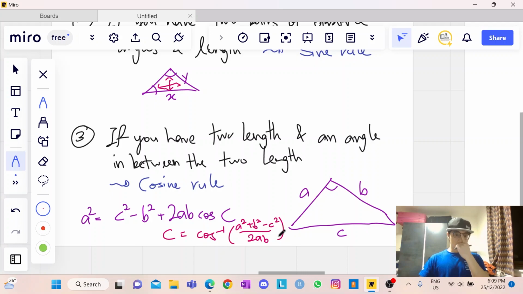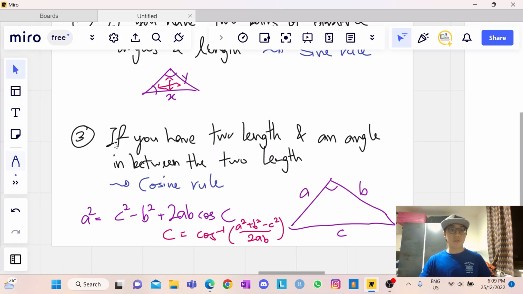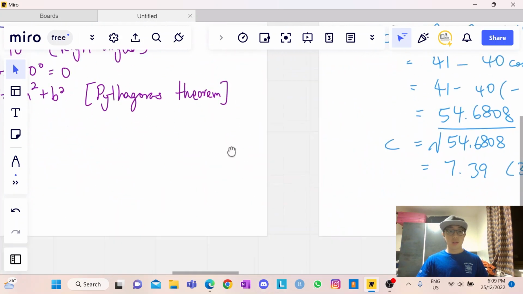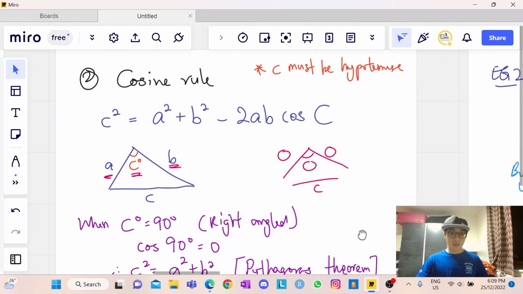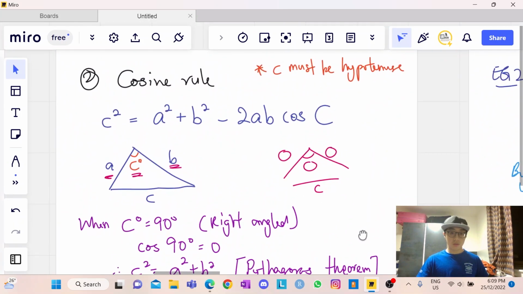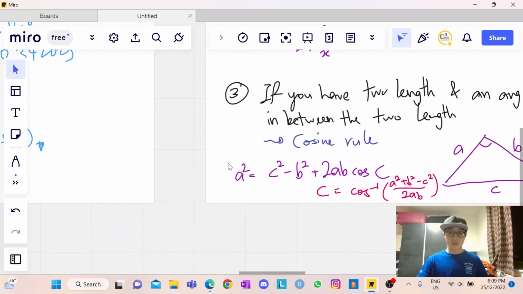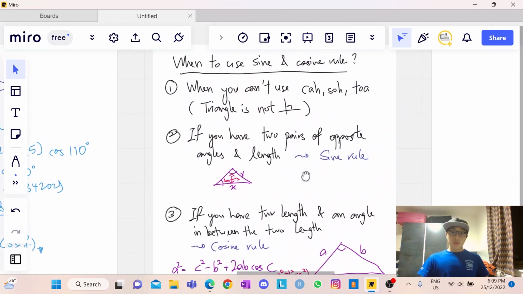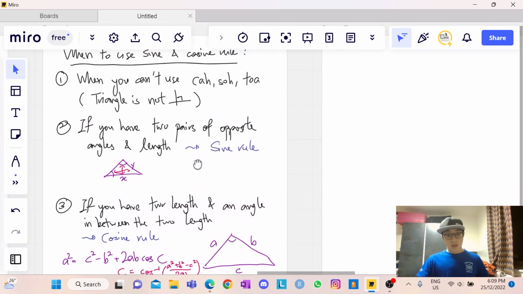So it's actually pretty easy. Just to double check, c squared, yeah, a squared plus b squared, okay, that's correct. You can just rearrange the formula like that to always look for the unknown that you need.